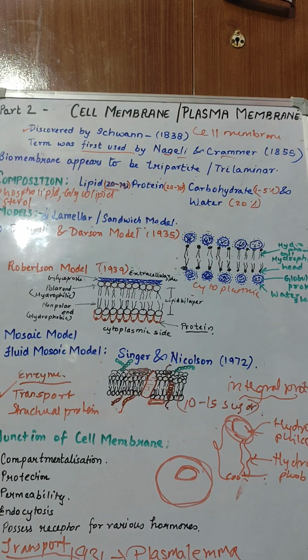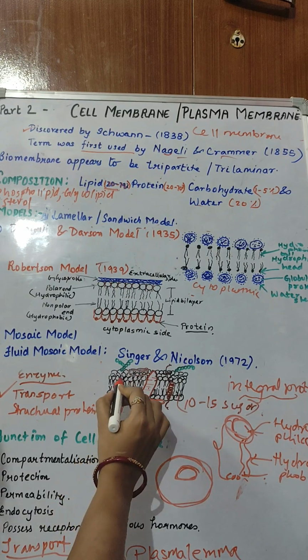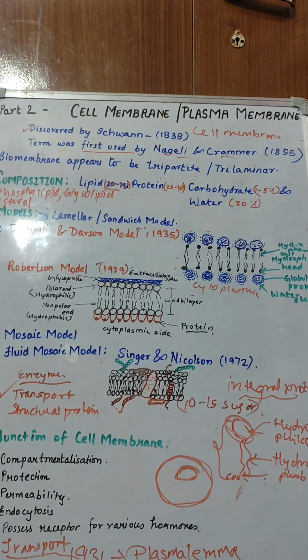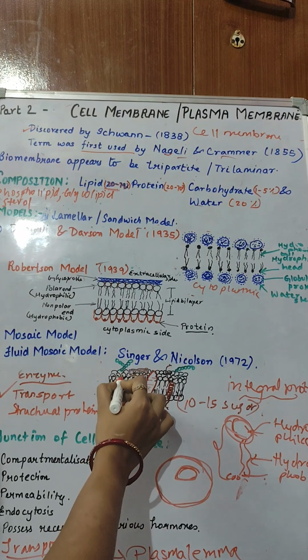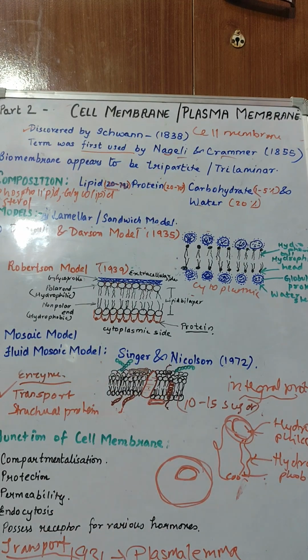Either they will directly attach to the lipid portion, on the polar head of the lipid, and they will be known as glycolipid. Their name will be glycolipid if they are directly attached to the polar head. But if they are attached to some protein, some peripheral protein head, then they will be given the name glycoprotein.